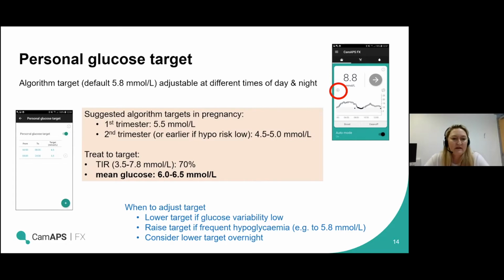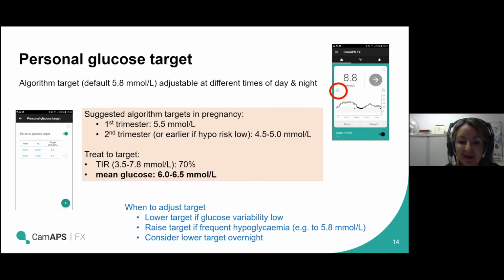We're aiming for that time in range of 70% between 3.5 and 7.8, as Helen showed with the target slide. But one of the things that we've found really useful in this group is focusing on the mean glucose as well, aiming for the mean glucose when you're looking at that data separately between 6 and 6.5. Helen, did you want to say anything else about that? Yeah, that's so important, because the range of between 3.5 and 7.8 is quite wide.